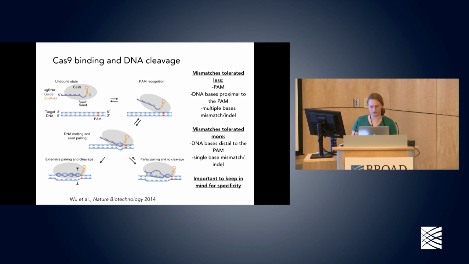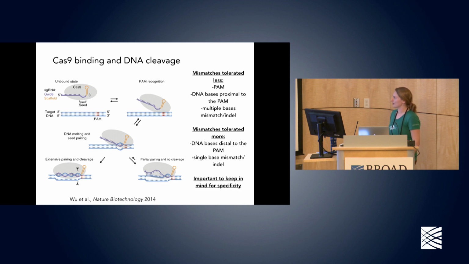extensive pairing and cleavage. This informs that mismatches are much less tolerated at the PAM sequence, since that's the first sequence that Cas9 and the guide interact with. It also is less likely to cut if there are mismatches on DNA bases proximal to the PAM.